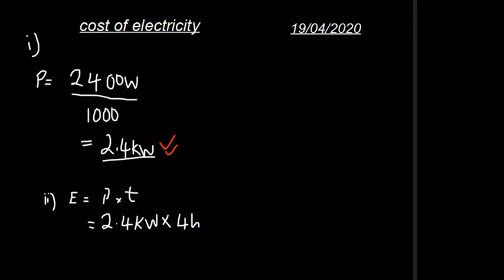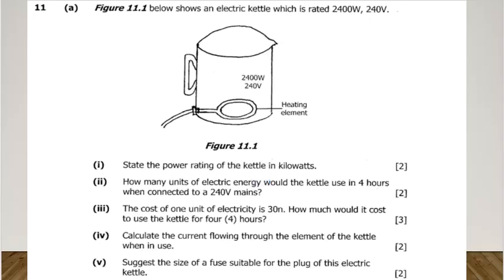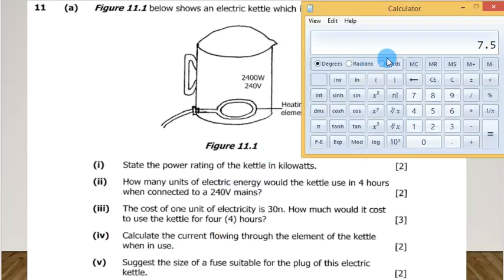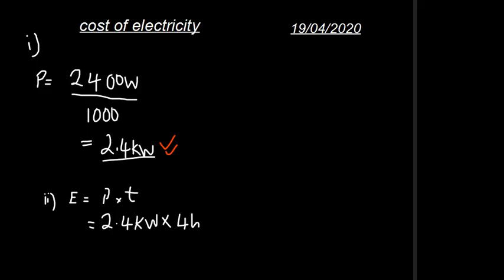Okay, so we can compute, we want to be sure. So we are dealing with 2.4 multiplied by 4, and it gives us 9.6. So we go back to our calculations.